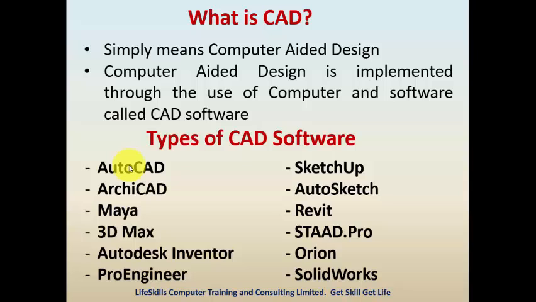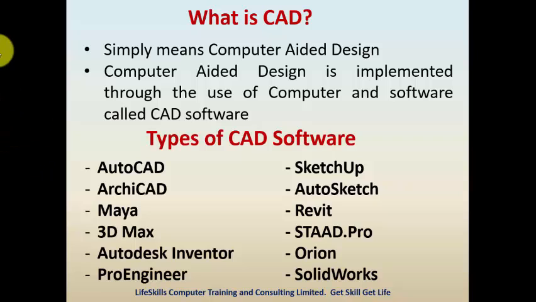AutoCAD is a software for architects. If you are an architect, you will need AutoCAD to make your drawing, and that is majorly architectural drawing, building drawing, structural drawing, and so on and so forth.